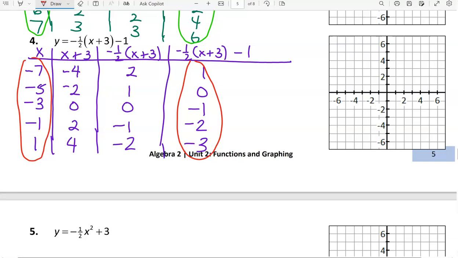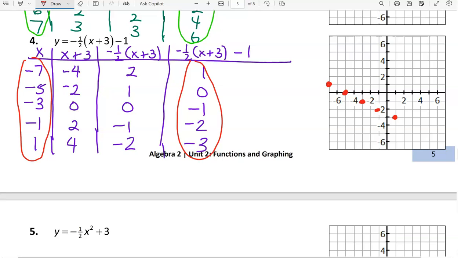-7, 1, -5, 0, -3, -1, -1, -2, and 1, -3. We'll notice that I don't have enough values here, but I can observe that I've graphed enough points to verify that this is for sure a straight line.